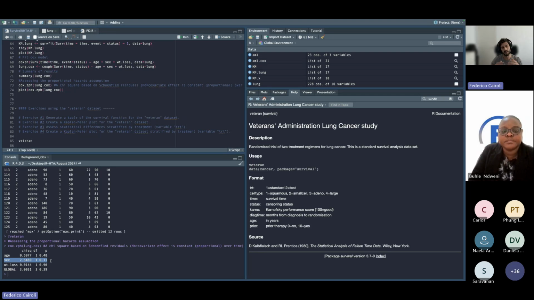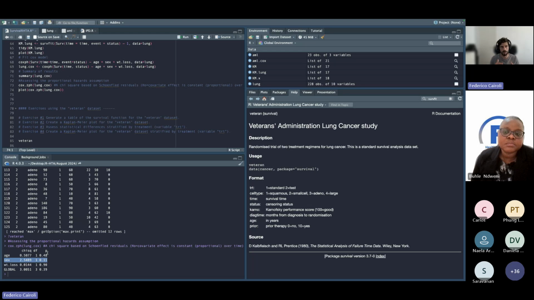To solve that, what you can do, first of all, is stratify by sex. So basically you run one specific Kaplan-Meier curve for males, another for females. And then if for age and weight loss the p-value is okay, you're okay.